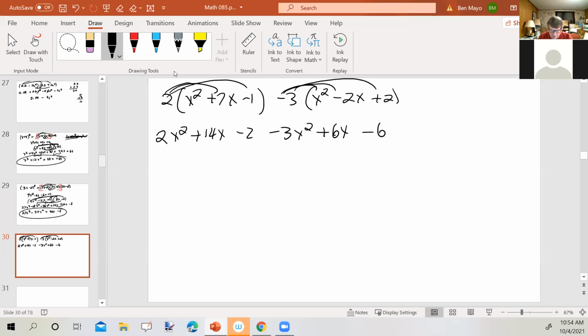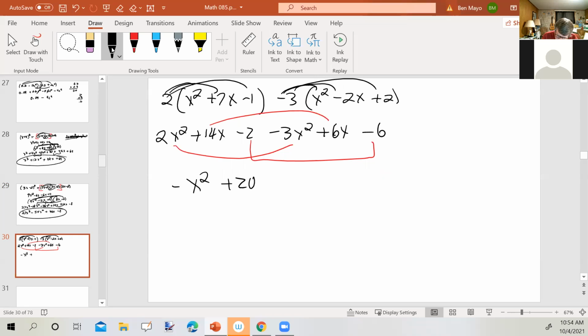Now we'll go back and do the addition and subtraction by combining like terms. Those are like terms, those are like terms, and those are like terms. 2x squared minus 3x squared would be negative 1x squared, okay? 14x plus 6x would be plus 20x, and minus 2 minus 6 would be minus 8. So negative x squared plus 20x minus 8. Okay, let's take a look at this next one.